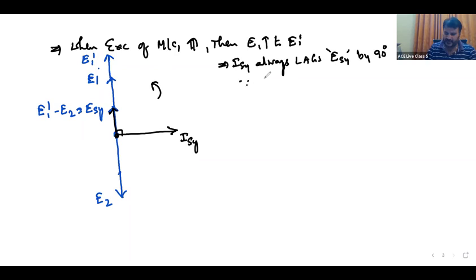Because ISY circulates in a pure reactive circuit, in the armature windings, which is a pure inductive circuit. Circulating in the armature winding means reactance, no? So due to reactance, it is a pure inductive circuit. ISY lags ESY by 90 degrees. This is fixed always. Are you getting it?